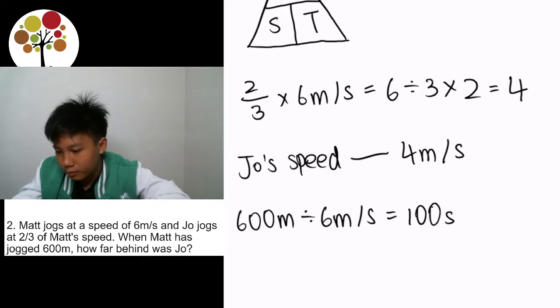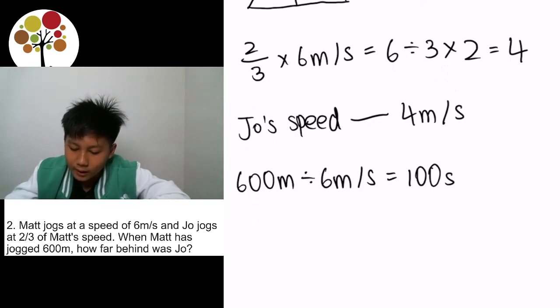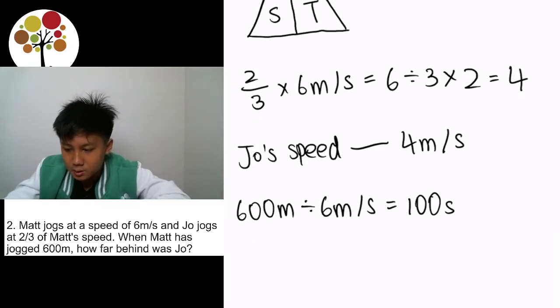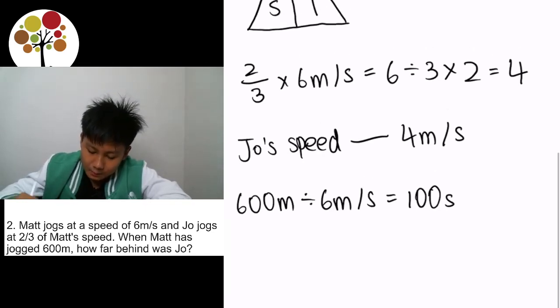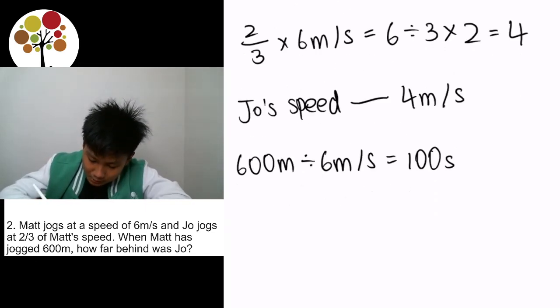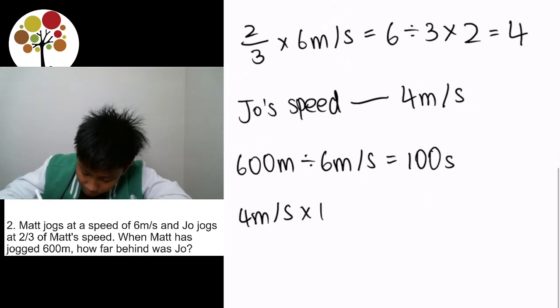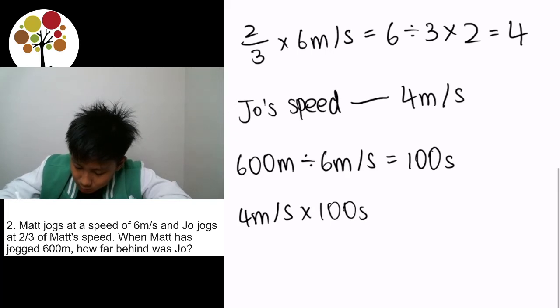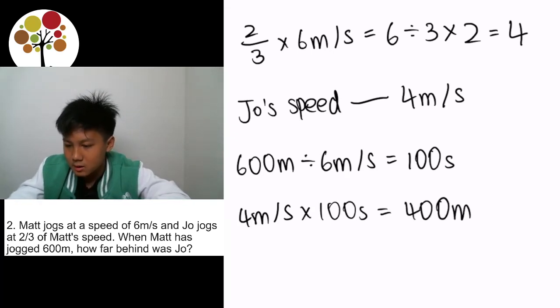And since they both ran same amount of time, and now we have the speed and the time, we have to find the distance that Joe went. So it is speed times time. His speed is 4 meters per second times the time, which is 100 seconds, which is equal to the distance, which is 400 meters. That is the distance that Joe traveled.